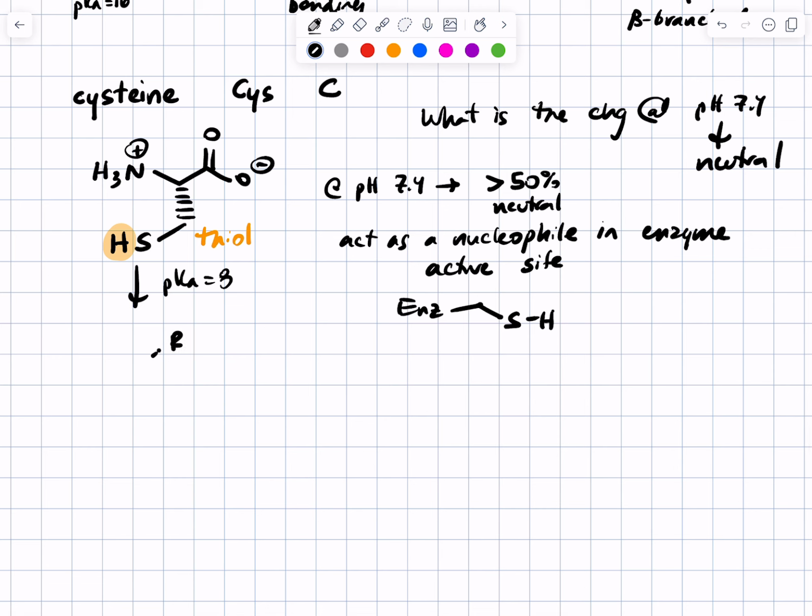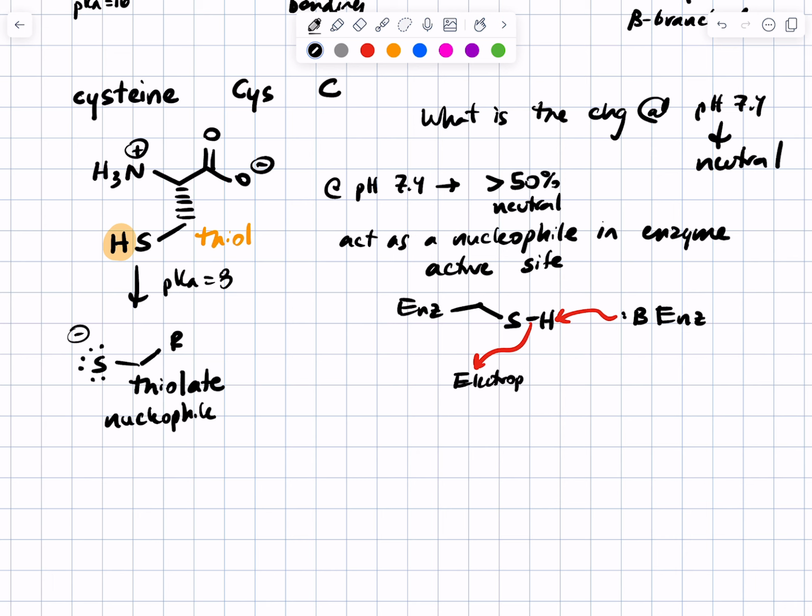The conjugate base of cysteine is this negatively charged thiolate, and cysteine's a better nucleophile when it's deprotonated. So often the first step of a mechanism is for a base to deprotonate the cysteine side chain, and then it goes and attacks an electrophile.